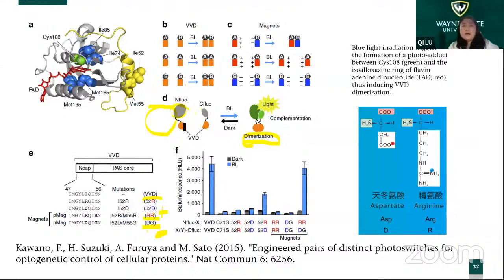However, if these two parts are a little different, you can form an even tighter dimer because of the different charges of these two subunits, and it also guarantees that different subunits are binding together, being activated by light. So this system is the magnet system.